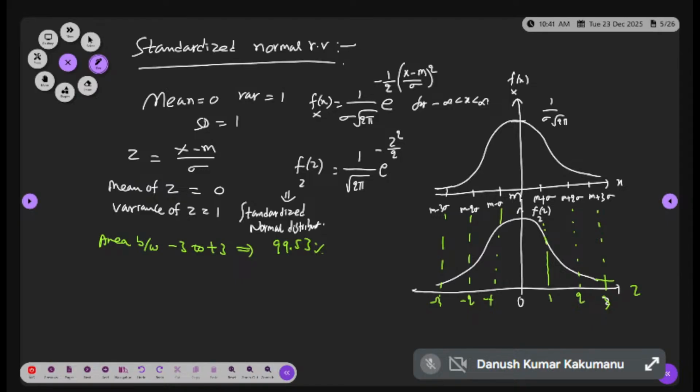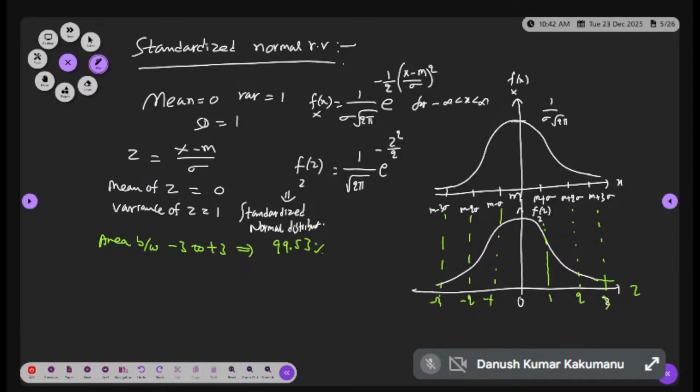Overall area is what? Overall area is 100 percent. Listen. This complete right side is how much? 50. Yes or no? 50. Left side also 50, because of the symmetric nature. What is the nature of the normal distribution?